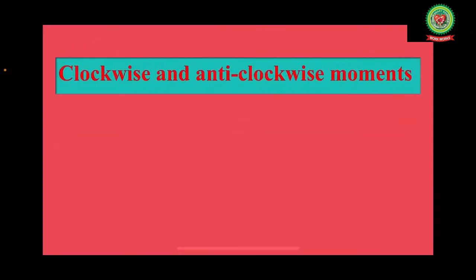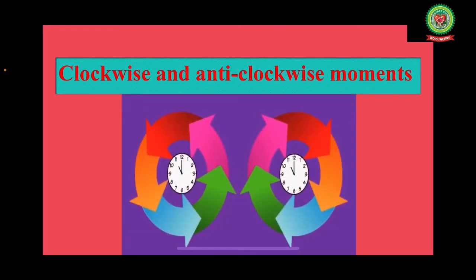Next is clockwise and anti-clockwise moments. Let's discuss this with the help of this diagram. If I apply force on a body and the force applied by me is turning the body in clockwise direction, that is, if the effect of force on a body is to turn it in clockwise direction, then the moment of that force is known as clockwise moment.